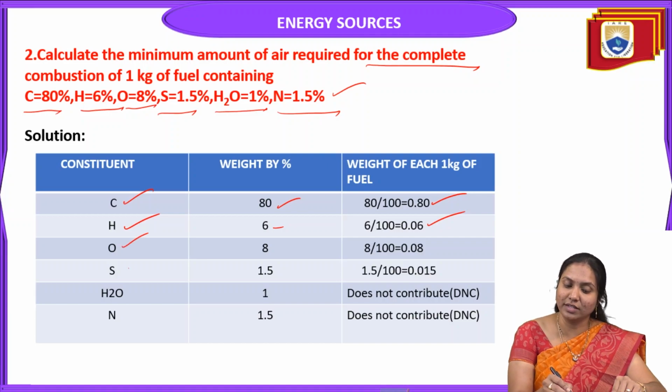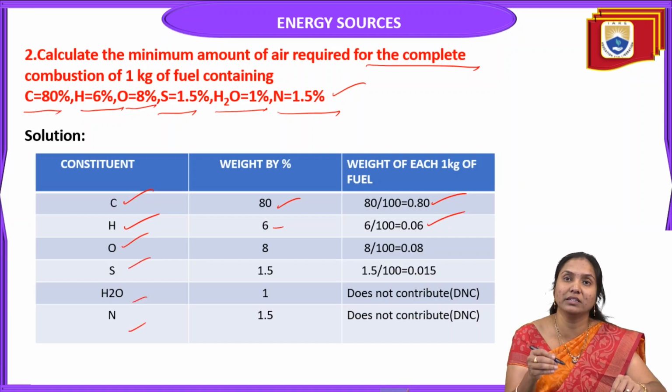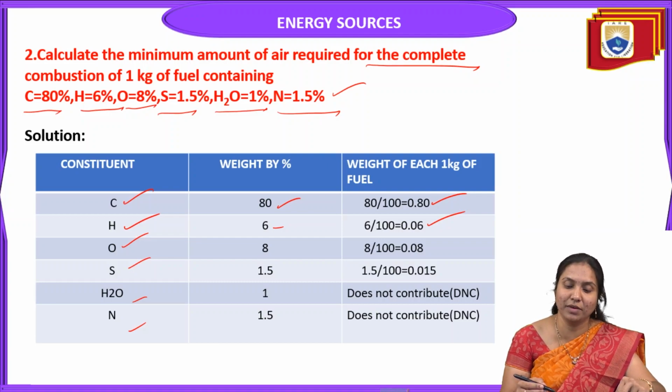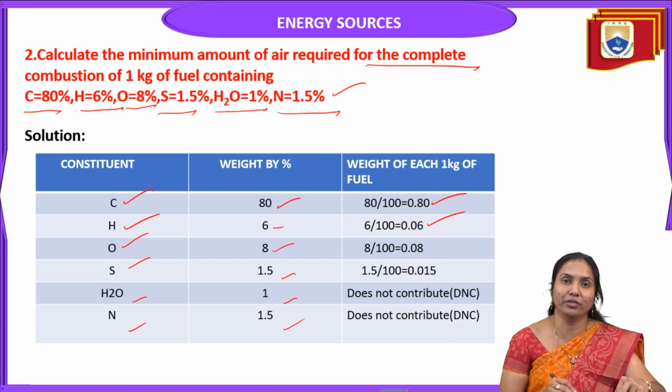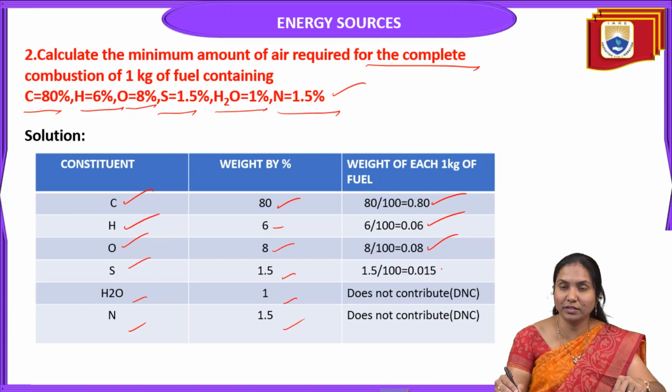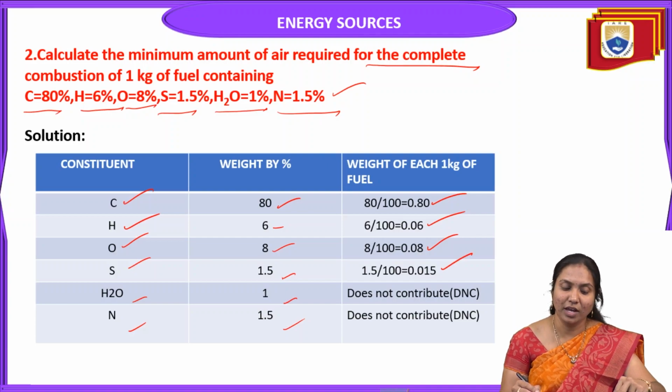And oxygen, sulfur, water and nitrogen are also given in this data: 8, 1.5, 1, 1.5. Converting into kilograms, we get oxygen 0.08 and sulfur 0.015.